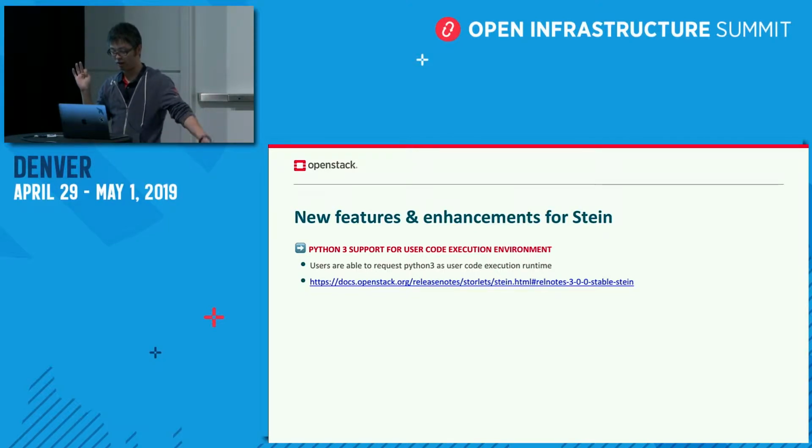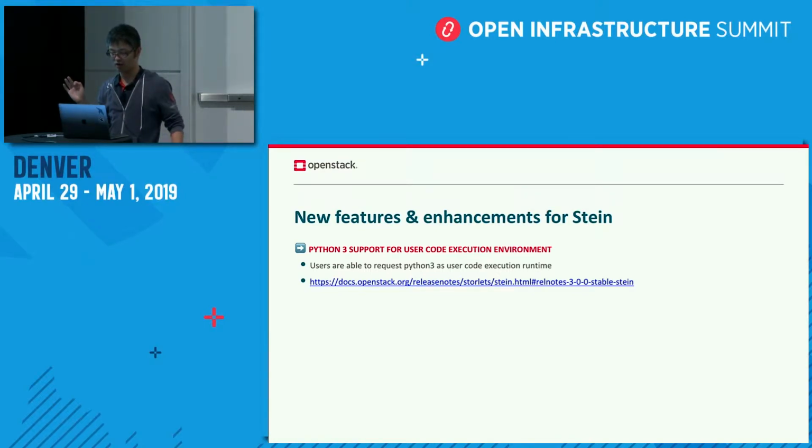From the Stein release, 3.0.0, users can create their user code in Python 3 formats. And we are also still supporting 2.7. So users can choose their Python runtime version, 2.7 or 3.6.